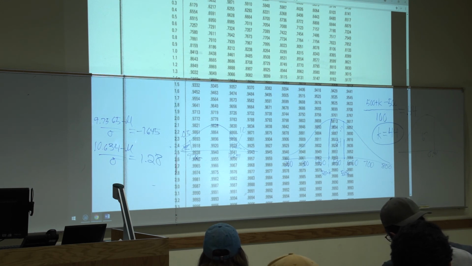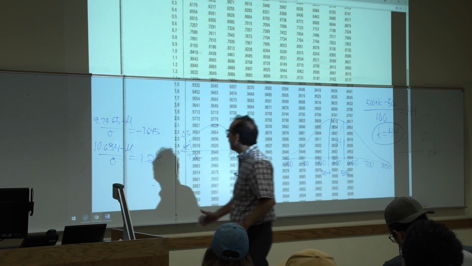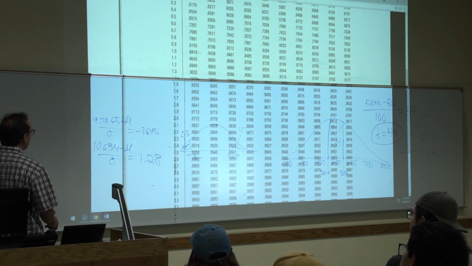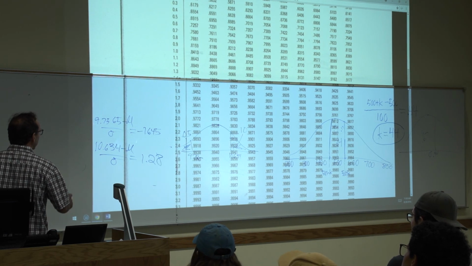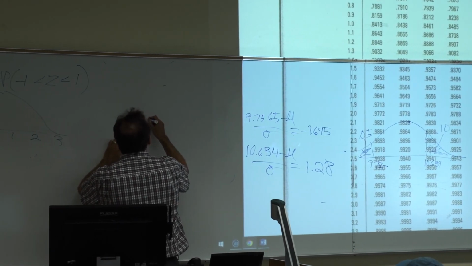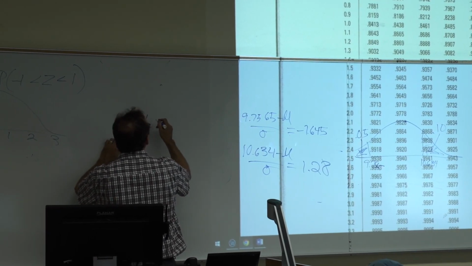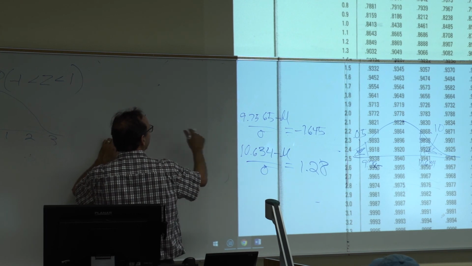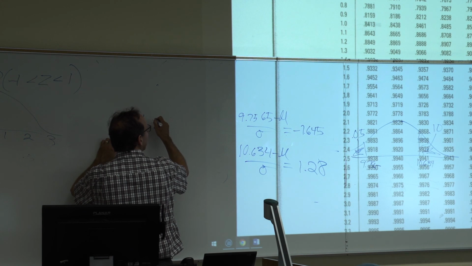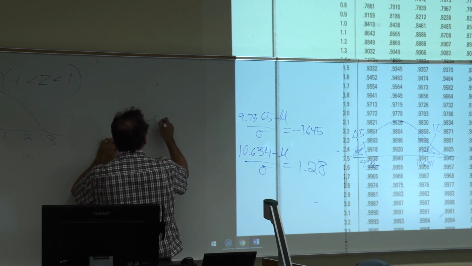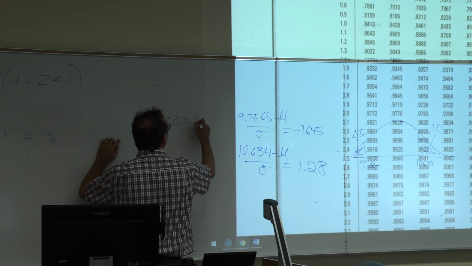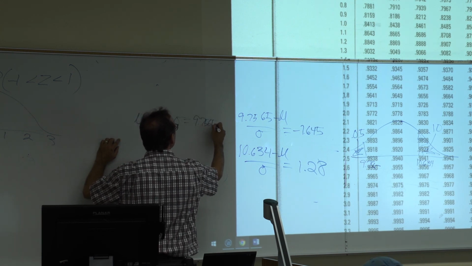One thing that might help is to rewrite these. For the first equation, I bring mu to the other side and multiply both sides by sigma. So we have mu minus 1.645 sigma equals 9.7565.